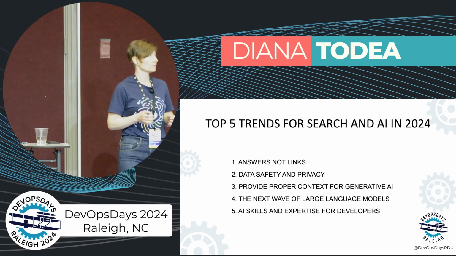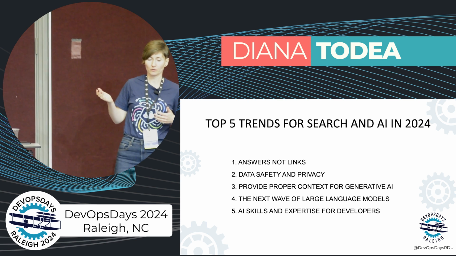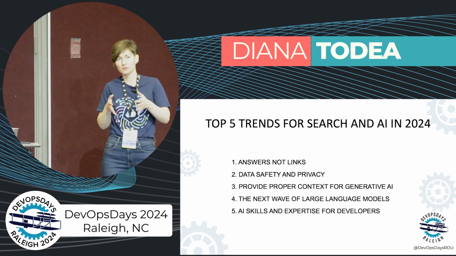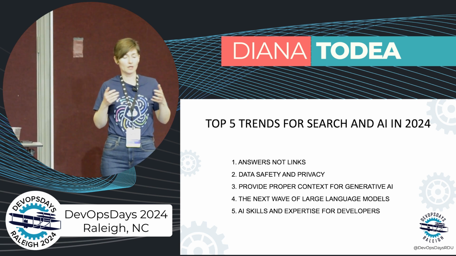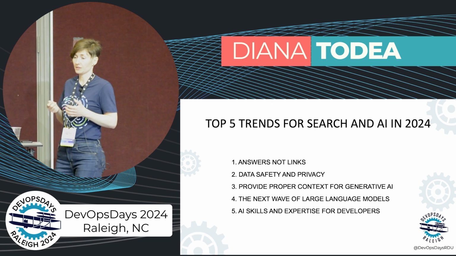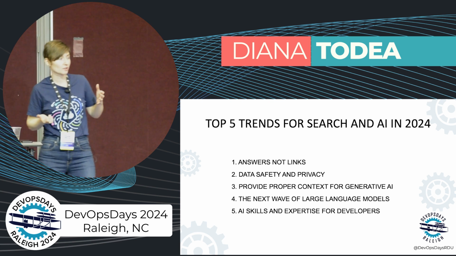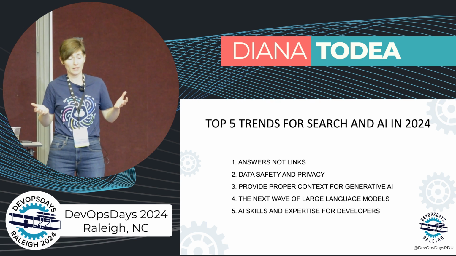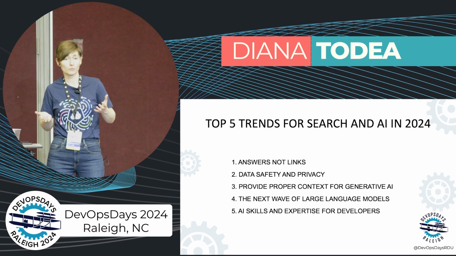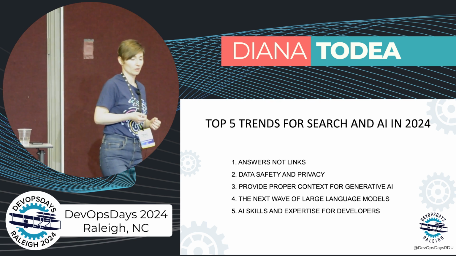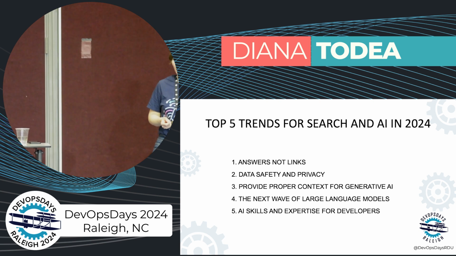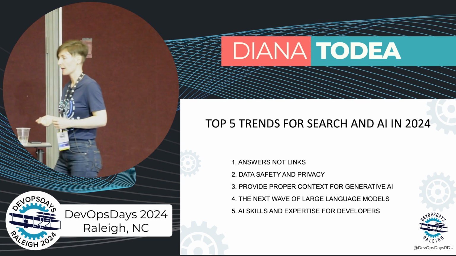Then we're going to be seeing, in this year and going forward, a lot of focus on data safety and privacy. Obviously, there are lots of legal implications, like if AI is stealing your data or is not used properly. And then we are hearing a lot about proper context for GenAI.